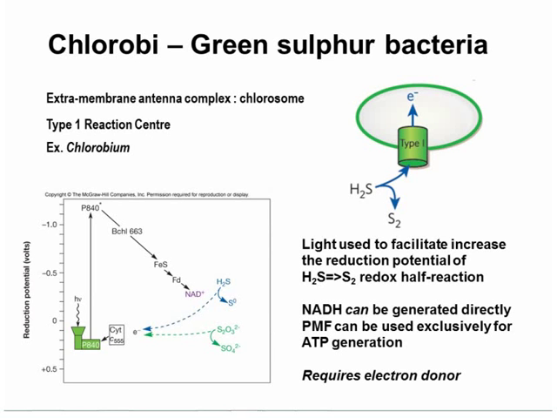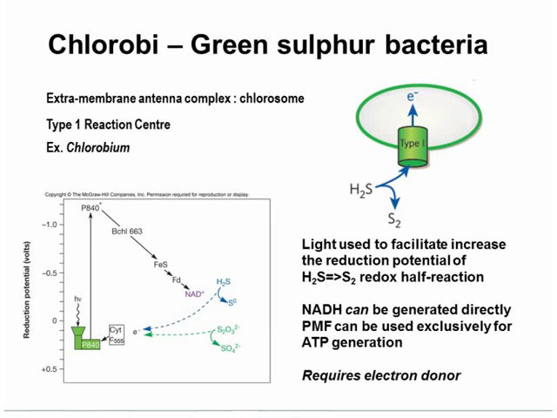And the last one are green sulfur bacteria. They only have photosystem 1. And in this case, they have an inorganic electron donor. Why do they bother to photosynthesize? We saw that lithoautotrophs can use sulfide to transfer the electrons onto molecular oxygen, and that will work.